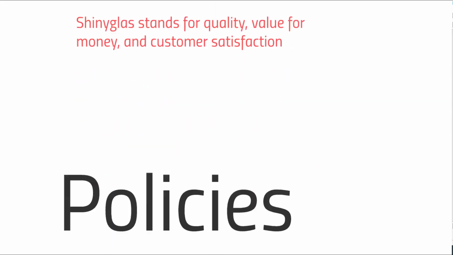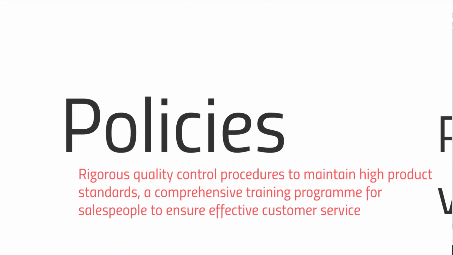And then finally, with policies, we know they've got policies in place to help its employees align, maybe employees is the wrong word actually, the people it works with, to align with its defined values, strategy and purpose. So we know there's rigorous quality control procedures in order to maintain high product standards. And we know that salespeople also undergo comprehensive training programs in order to make sure they are behaving as befitting of a company of Shinyglas's standards.